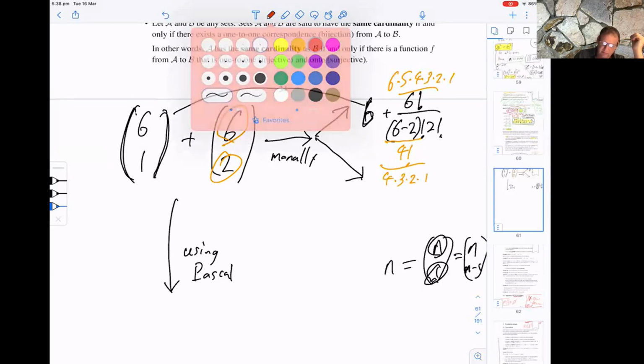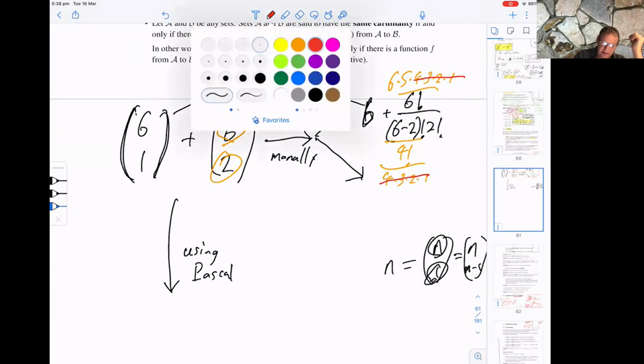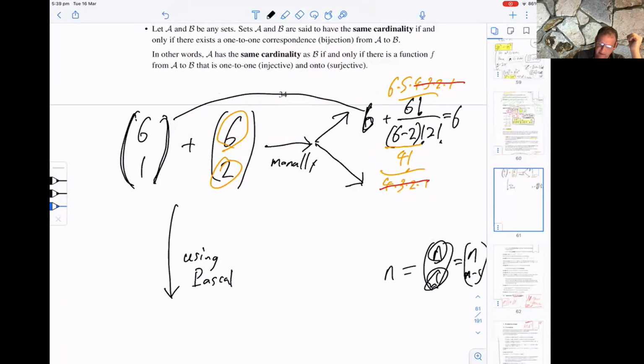So what I'm marking here in red is going to cancel this. What we're left with is the 6 we had before, plus 6 times 5 over 2 factorial. 2 factorial is 2. And that's 21, I believe, because that was 15.